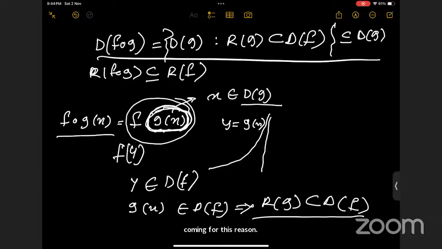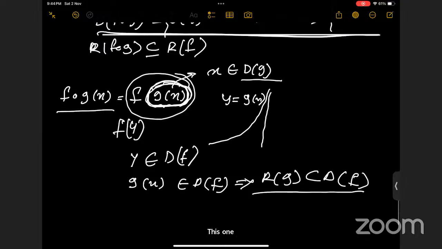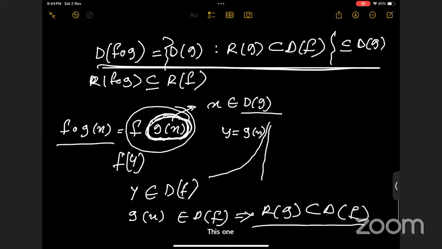Ma'am, why are we taking that line at the top, where you have written it is a subset of or equal to the domain of g? That means the domain of the composite function is a subset of the domain of g.